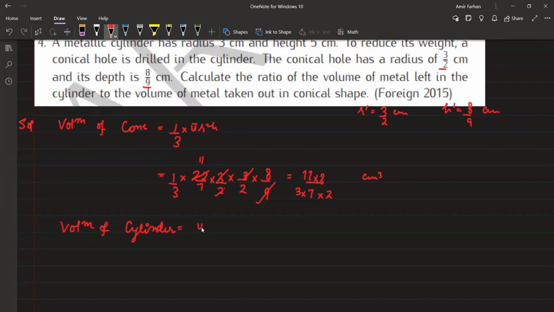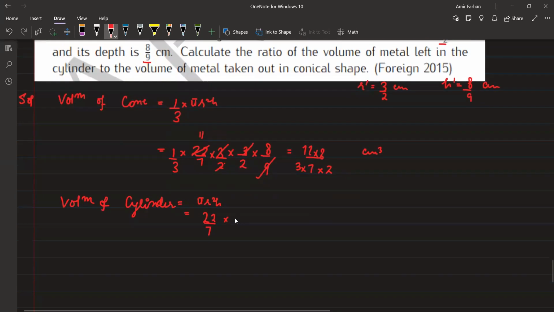Volume of cylinder is pi r square h, 22 by 7, r is 3, into 3 into 5. So this is coming out to be 22 by 7 into 45 centimeter cube. Okay? Yes or no?